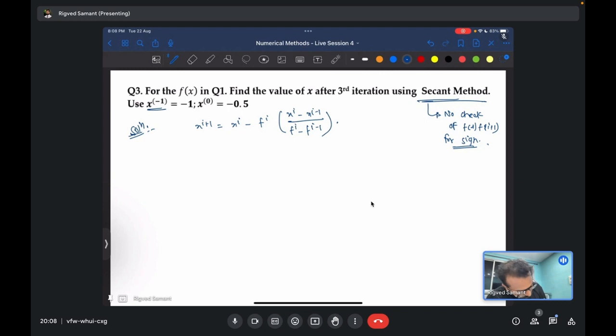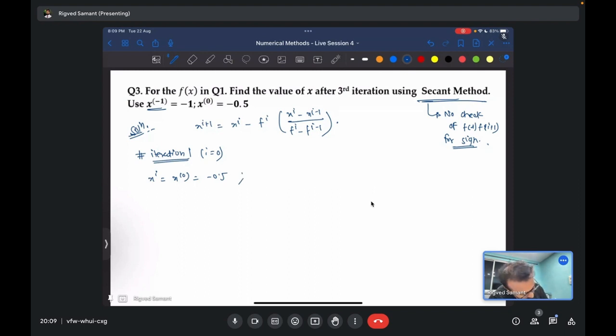So for the first iteration, i is equal to 0, so xi minus 1 is x of minus 1. It's better if you write x0 first, so that is equivalent to your xl, so you will not have any confusion. So xi is equal to x0, it is minus 0.5.